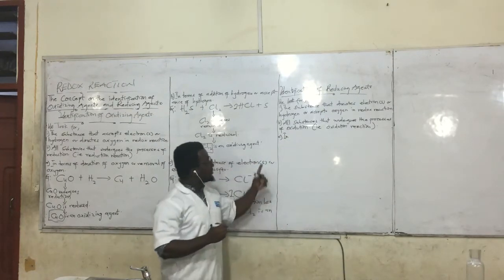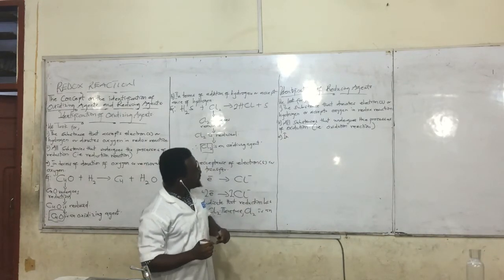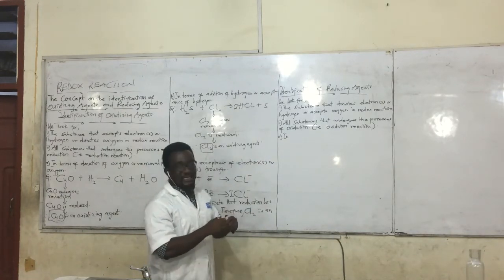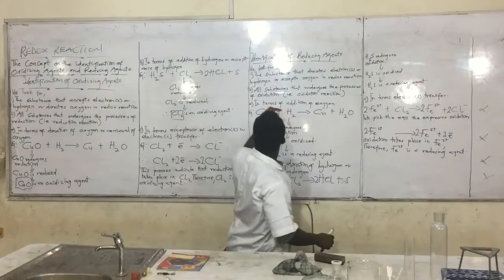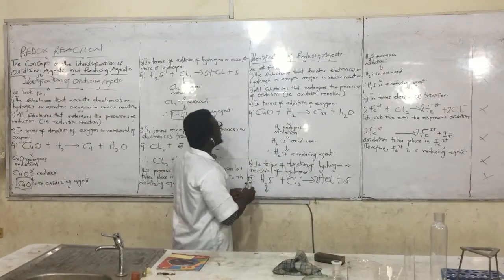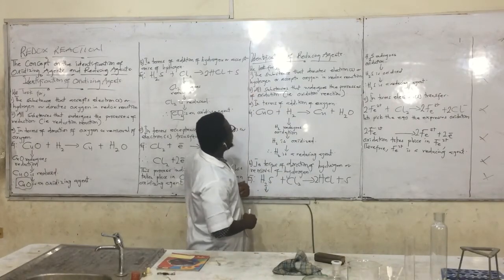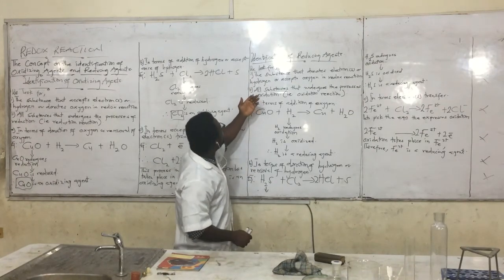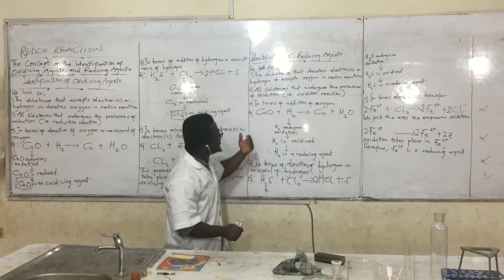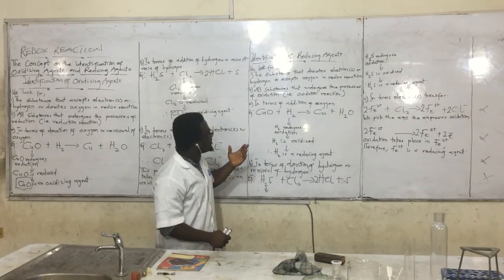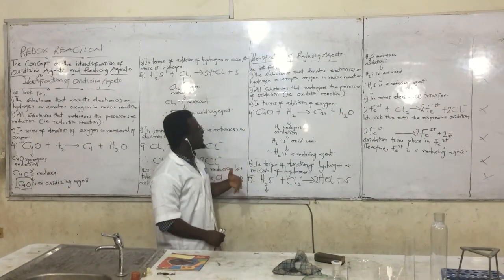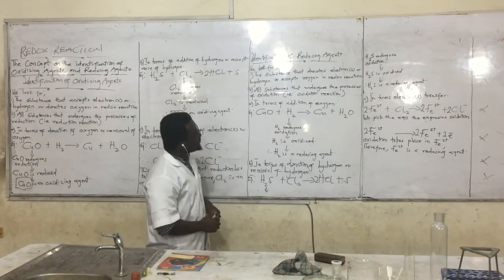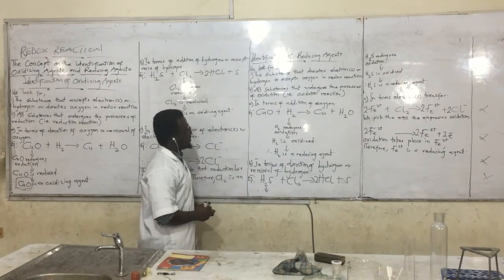Let's first think in terms of addition of oxygen. Remember, we are dealing with what we look for. So we said one, we'll be looking for the substance that donates electrons or hydrogen or accepts oxygen in a redox reaction.